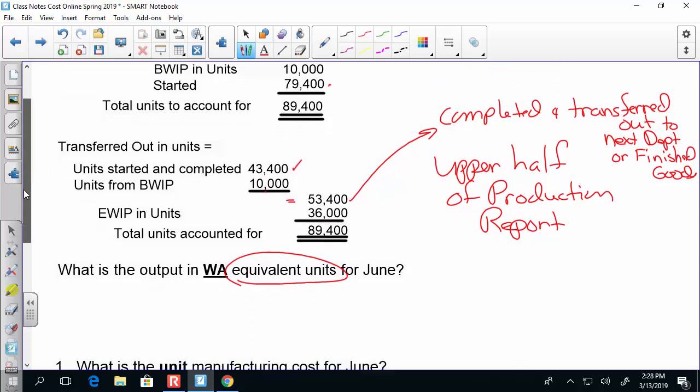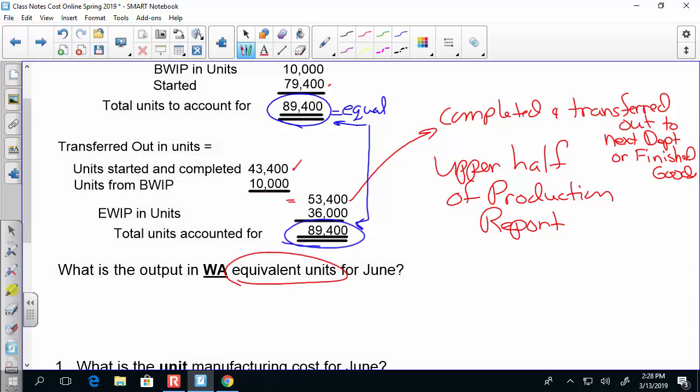What we have left is 36,000 ending units. You'll notice that in all cases, this number and this number have to equal. The author will, in many cases, for example, tell us the ending units, which is 36,000.